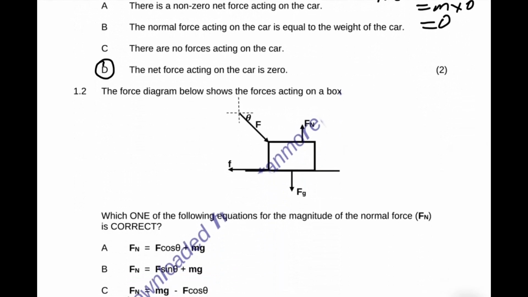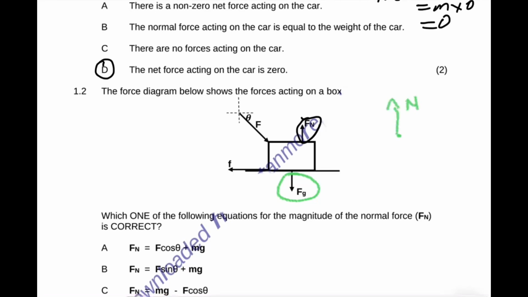1.2 says the force diagram below shows the forces acting on a box. We have a force applied, we have the normal force pointing up, and then we have gravitational going down. And then it asks which of the following equations for the magnitude of the normal force Fn is correct? Our force applied is acting down, right? So let me just draw a free body here.